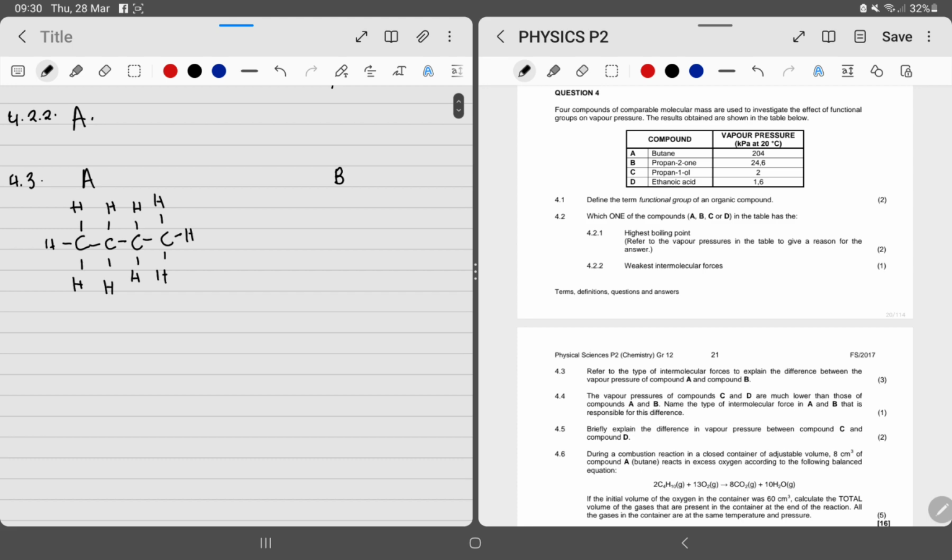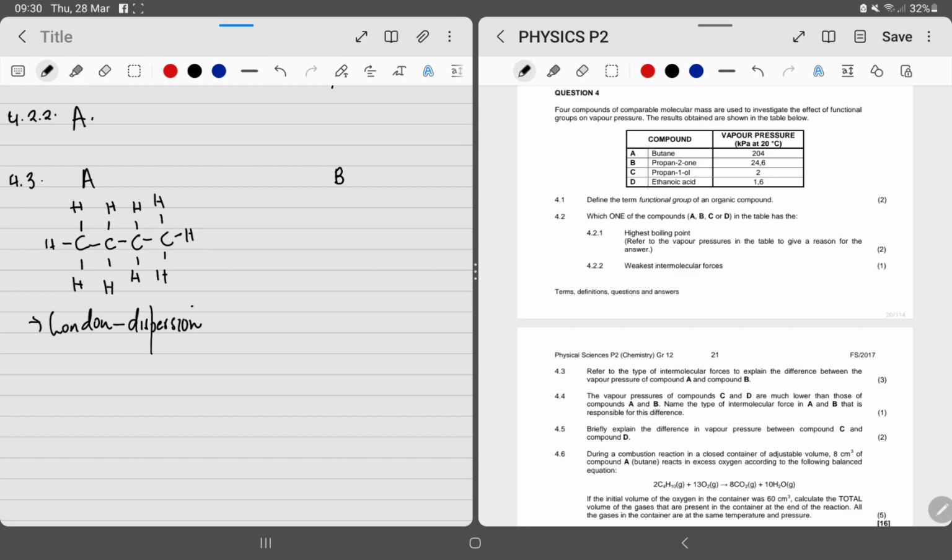Whenever you have carbons and hydrogens only, this means that you're going to have the London dispersion forces, or these are called the weak van der Waals forces.